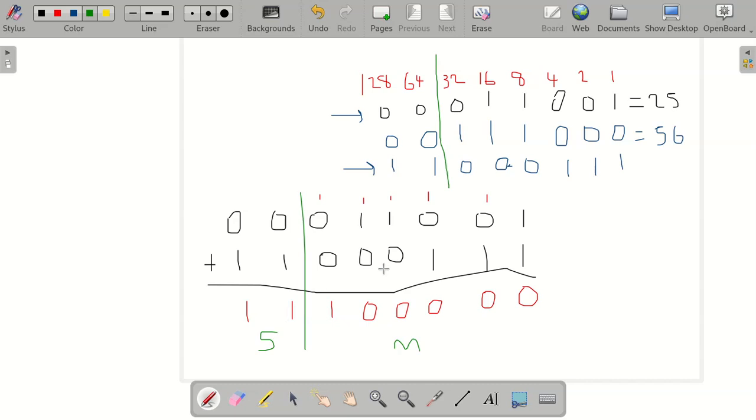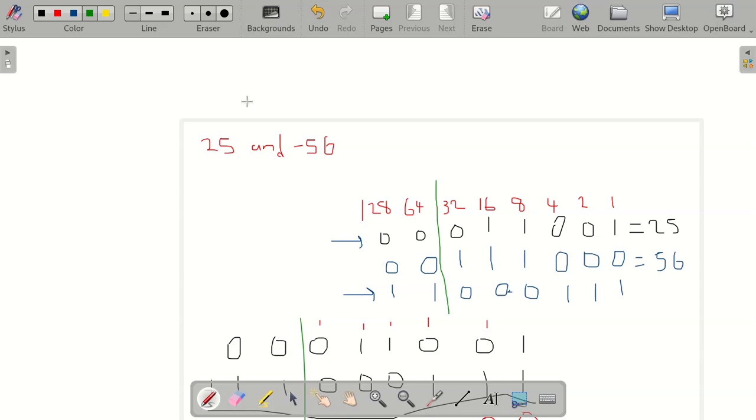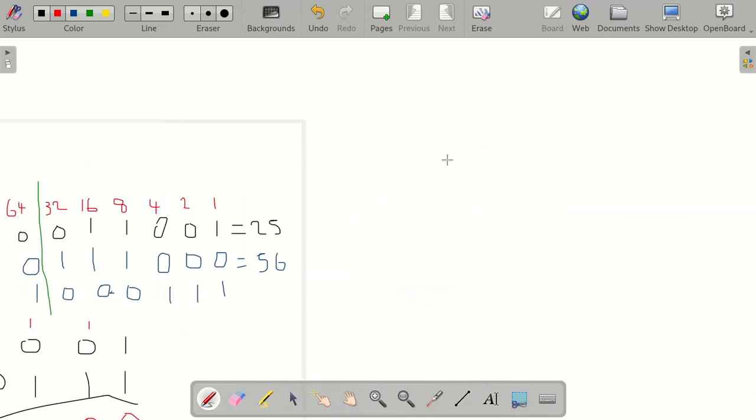So let's first find out what's the outcome of this for us to understand what's happening. So what is 25 plus 56? This is the same as 25 plus, remember this is what? Negative 56.